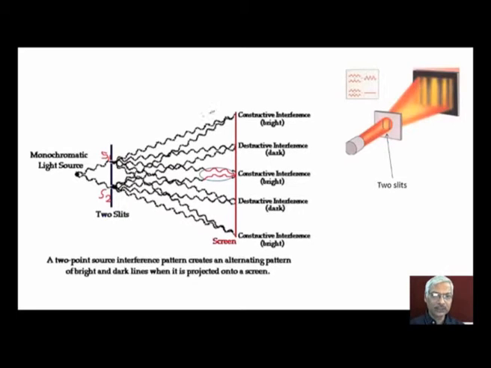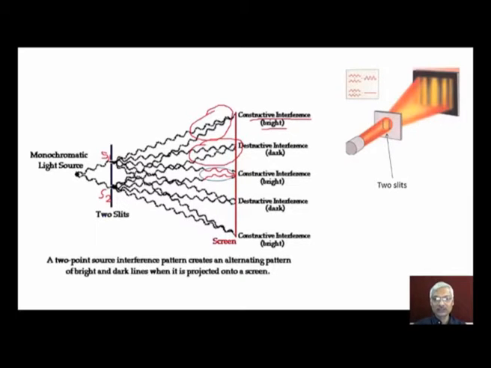Now we can observe here in this region the two secondary wavelets from S2 and S1 are constructive in nature, hence we are getting a bright spot here. Whereas in this area, the two wavelets from S1 and S2 are out of phase by 180 degrees.